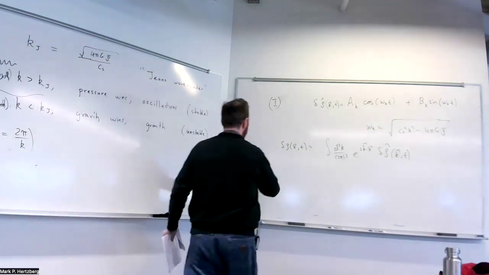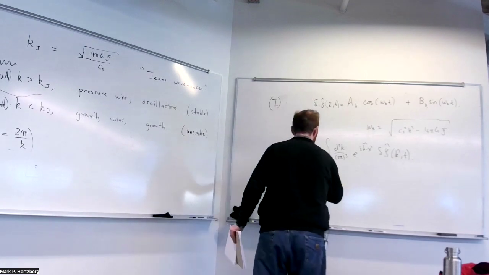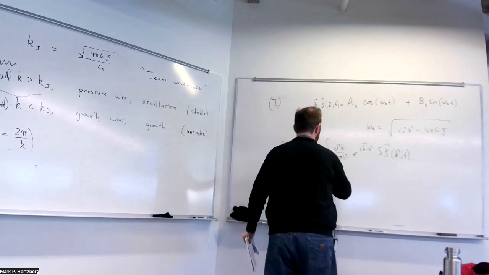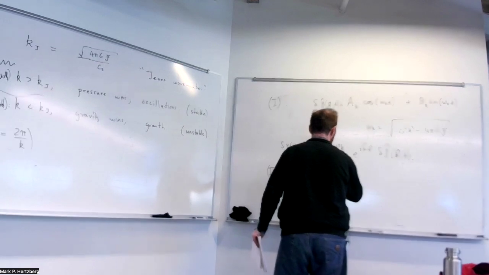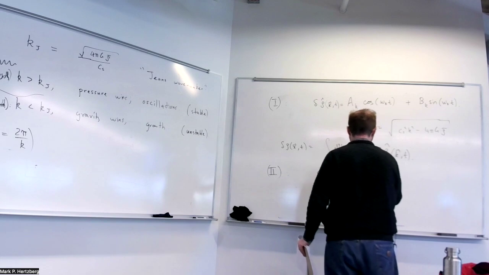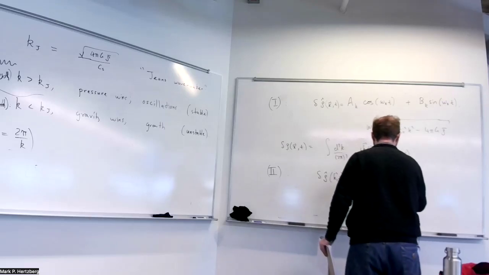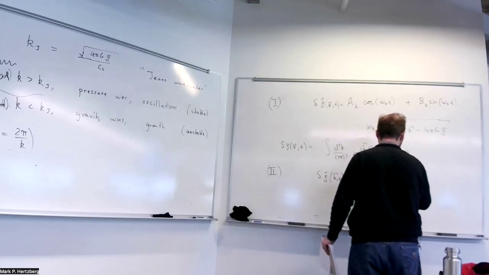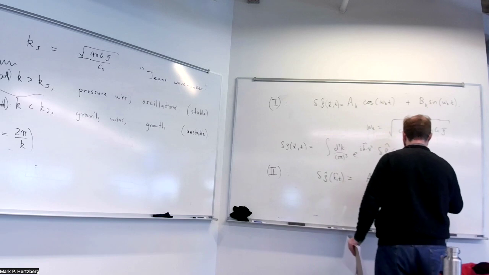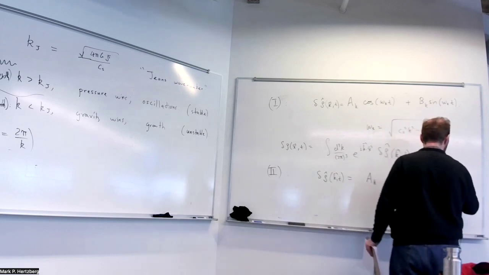And then in case two, the solution now is going to be exponential. I can still call the coefficients A and B, or I can call them C and D or something. It doesn't matter what you call the coefficients. We can write e to the omega_k t. And we should also not forget that we can have a decaying mode, e to the minus omega_k t.